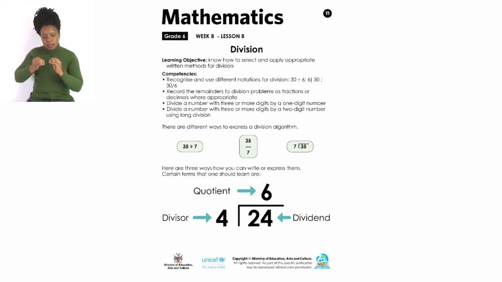And then the answer you get after dividing, which is obviously 6, will be called your quotient. Are we together? So I might be using these words during the course of the presentation, so make sure that you do not get confused. Okay, let's get to it. Let's go to the next page.